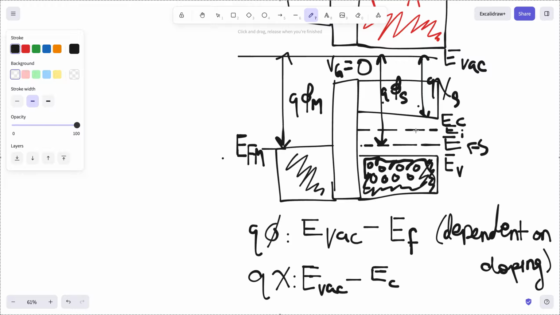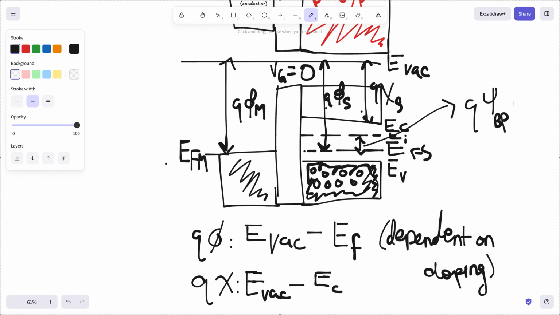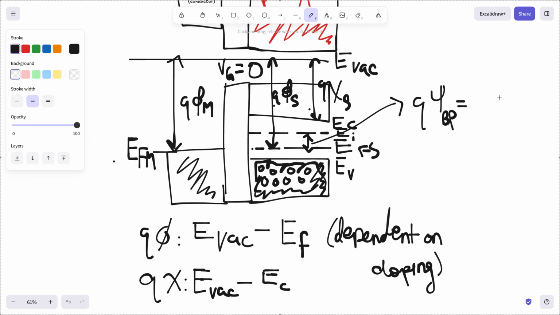And finally, this value here is a key value. It's the energy difference between E sub I and E sub F, and we label it as q phi sub B P.